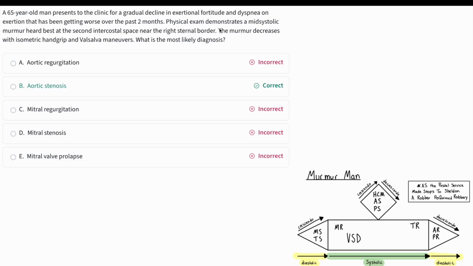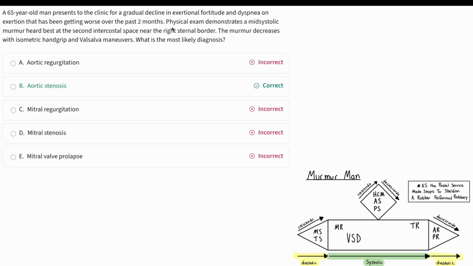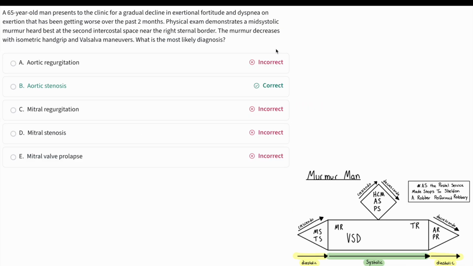So if we just look at how they are describing the murmur, in this sentence here, physical exam describes a mid-systolic murmur. Okay, well, now we have narrowed it down to these here. And the murmur is best heard at the second intercostal space on the right sternal border. Well, what is the only murmur that we can hear at that space? It is aortic stenosis.